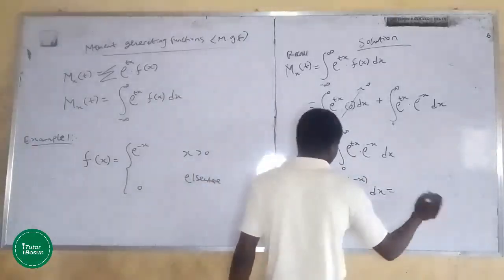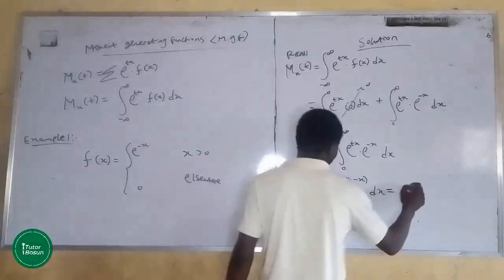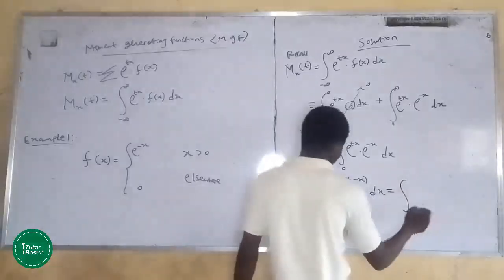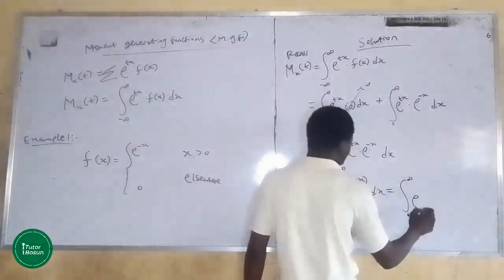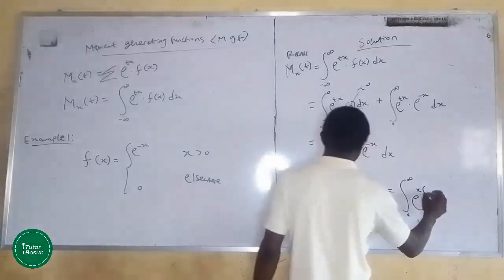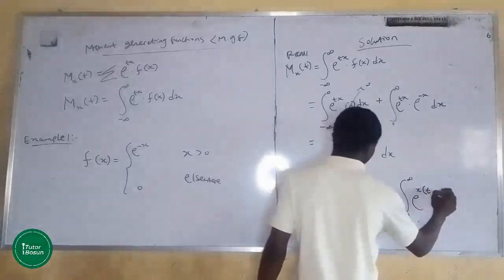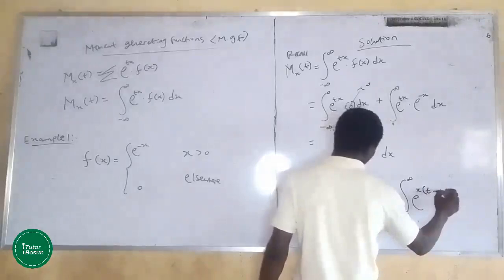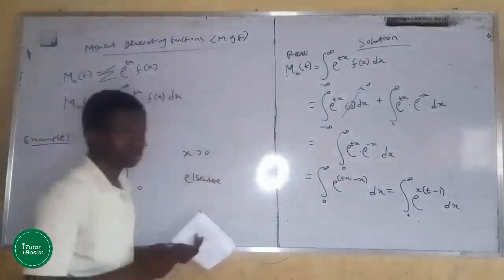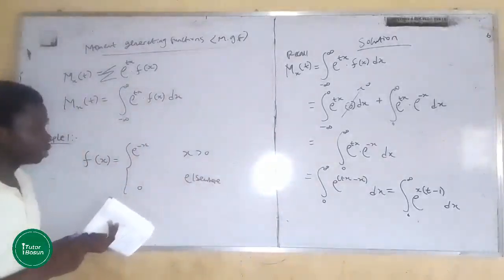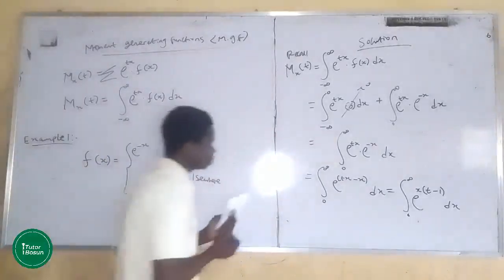So here we have the integral from 0 to infinity of exponential x into t minus 1 dx.